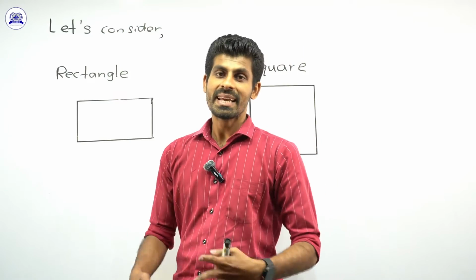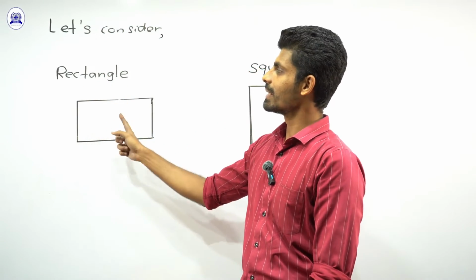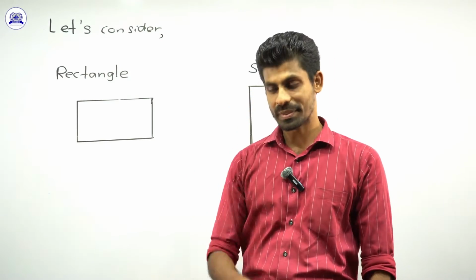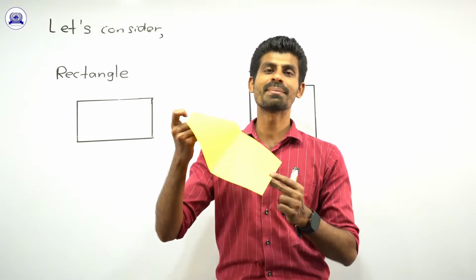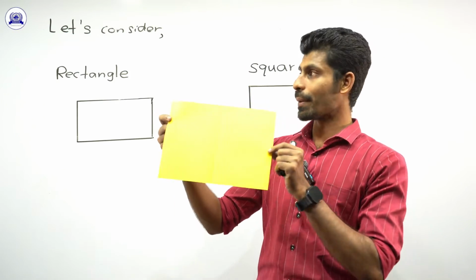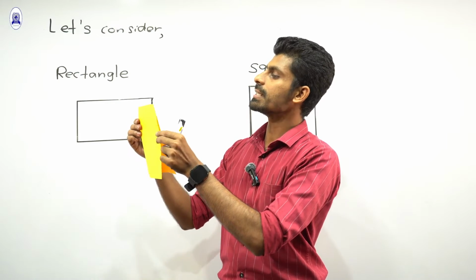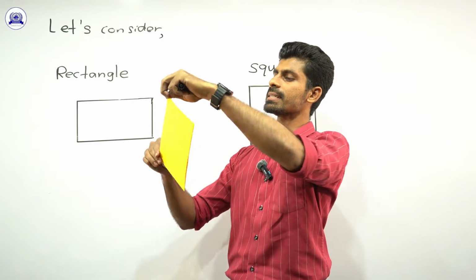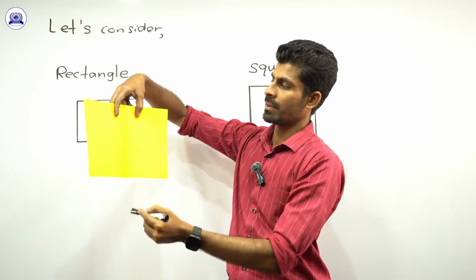Right. Okay, let's consider the shapes rectangle and square. I will show you my rectangle. You can see my rectangle is here. Look at this. I can fold it into two equal parts along this axis. Right?